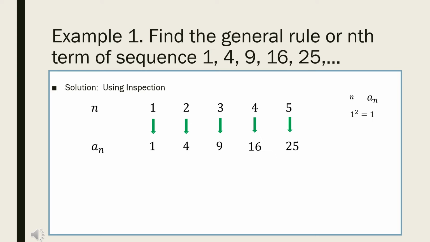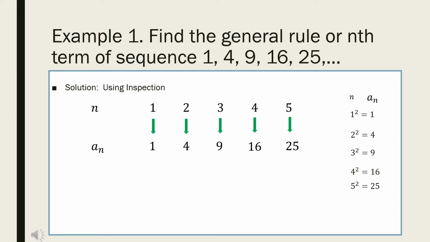If we square the second number of n, which is 2, we have 2 squared is equal to 4. 3 squared is equal to 9. 4 squared is equal to 16. And 5 squared is equal to 25. So take note that those numbers, 1, 4, 9, 16, and 25, are squares of our n.